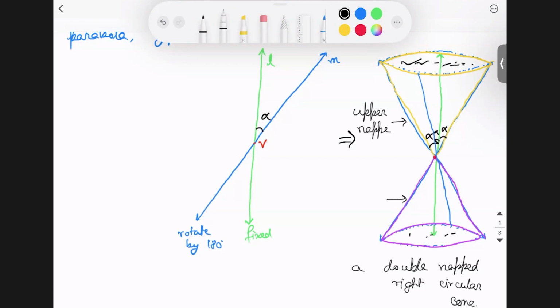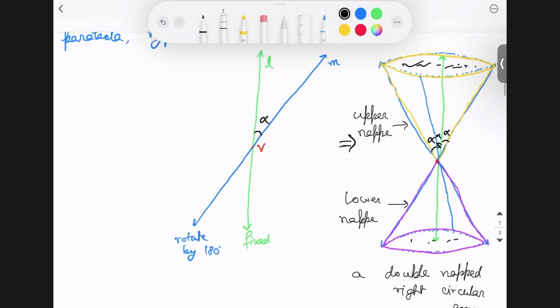This blue line, as you can see here, is called the generator. And this point V is called the vertex.